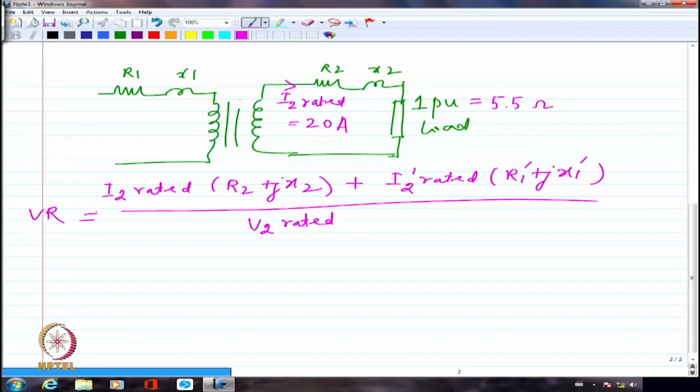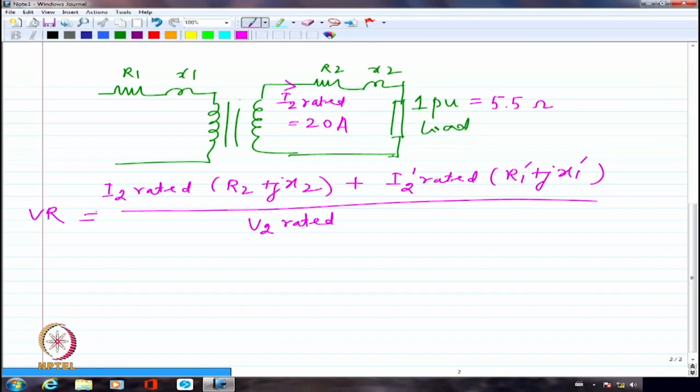Rather than this, if I had defined everything in terms of per unit, the per unit basically defines everything with respect to its own base. It doesn't really change it in any other way. So, if it is talking about its own base, whether I am talking about I1 rated or I2 rated as the rated value, it will be 1 per unit.